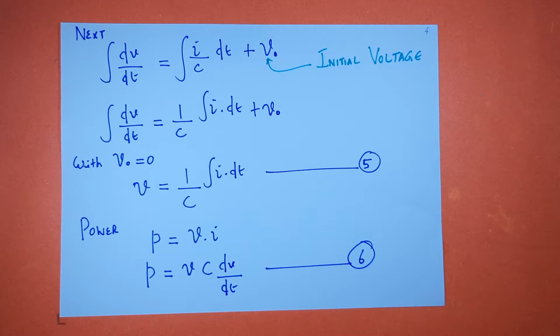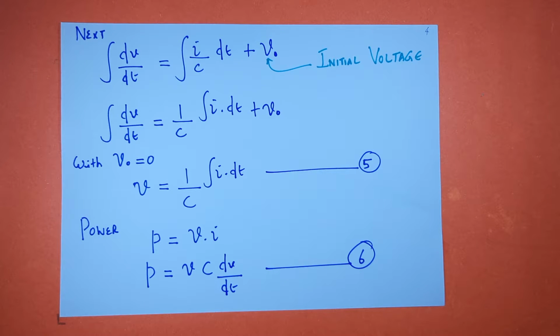Next, power. In this case, power is given by voltage into current. So P equal to V, put as it is, and I you substitute from the previous equation, equation 3. So P equal to V C dv by dt.